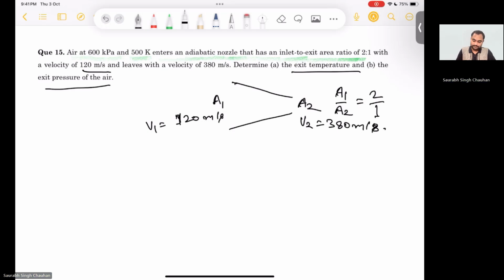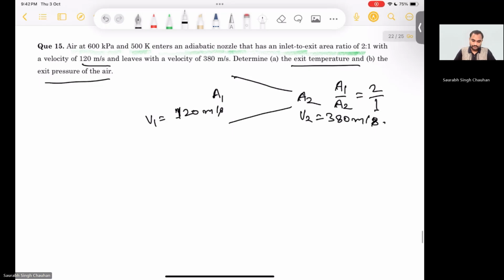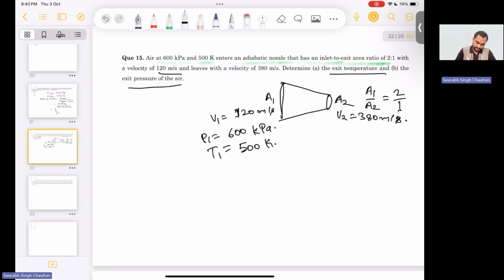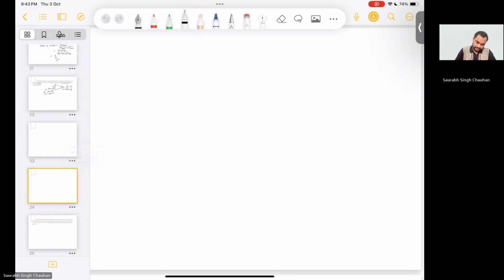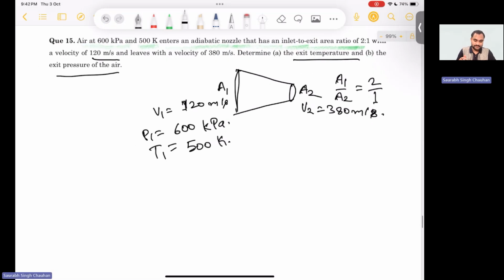Okay, so at inlet the properties are given. Okay, so as we have discussed in many previous questions, that nozzle has no work transfer and no heat transfer.